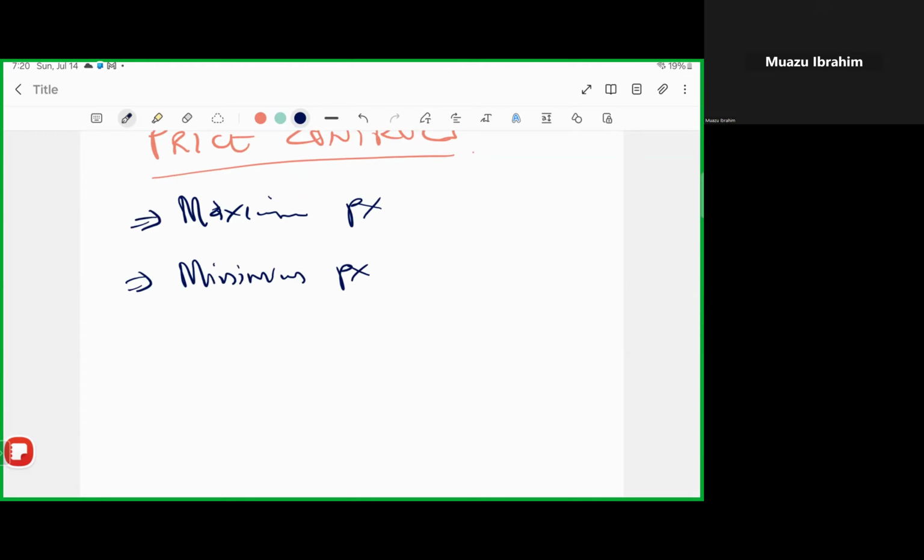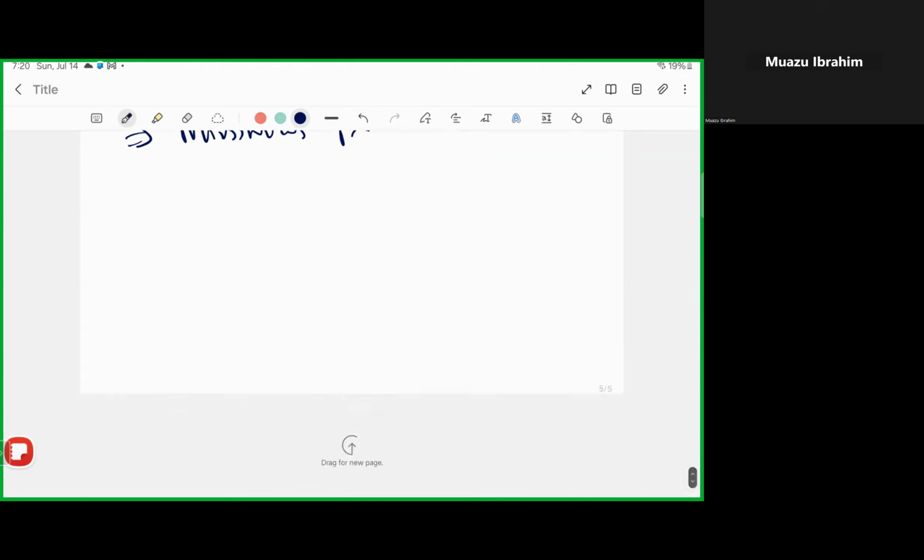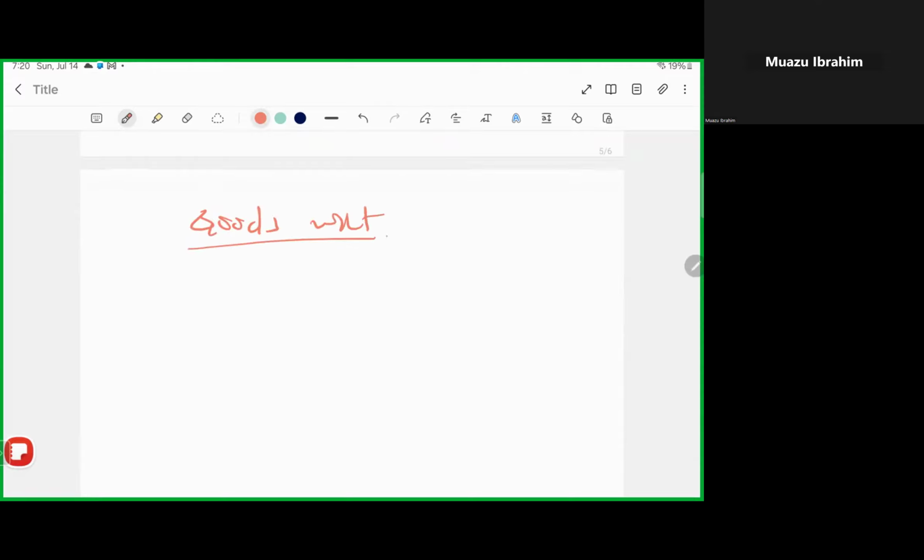So under price control, we have the maximum price at which you can trade a commodity, and then we also have the minimum price at which you can trade a particular commodity. Now let's look at the situation where we have a normal demand and supply curve, for instance the goods market.